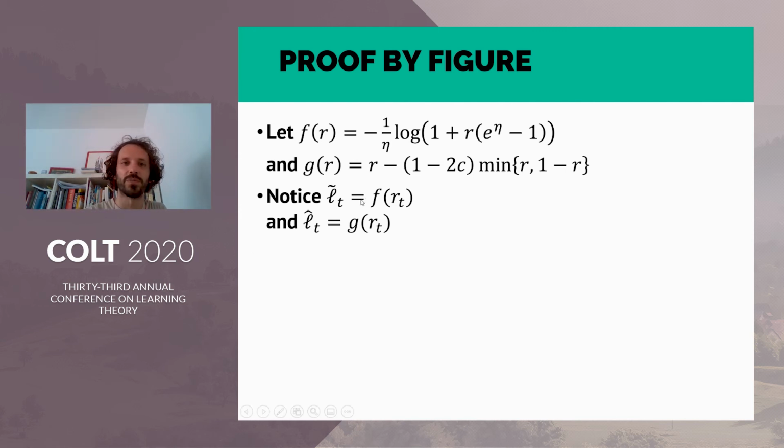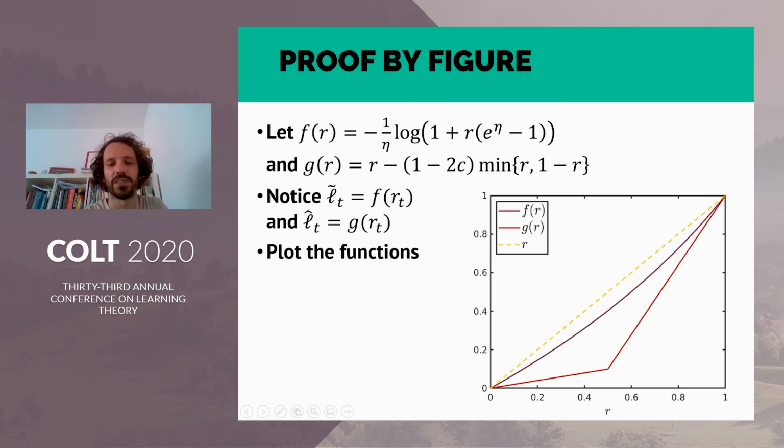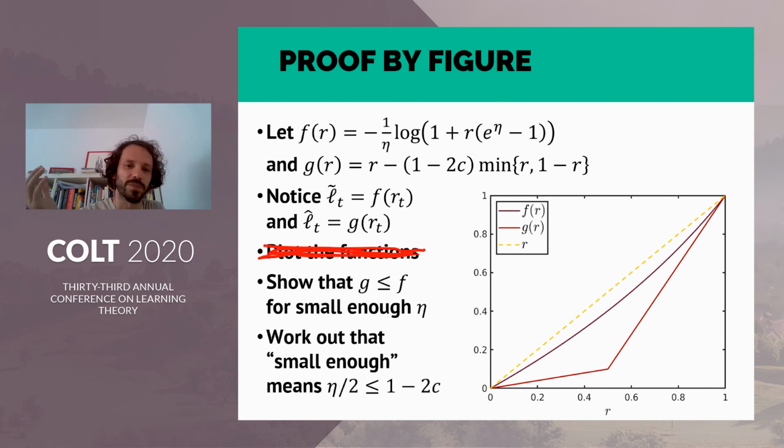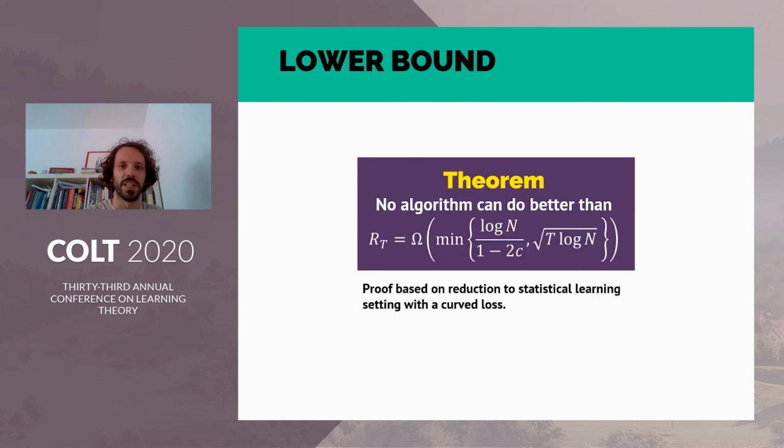For this, we just need to write both of these functions as a function of R and then just plot the functions. Of course, we have a rigorous proof where we quantify the condition of eta being small such that this guarantee holds. But I'm just going to refer to the paper on that one.